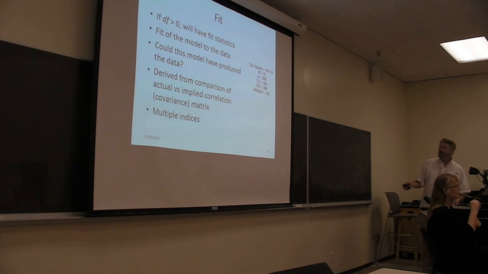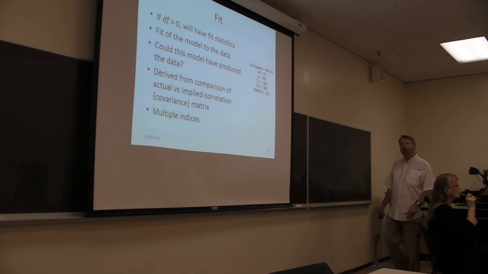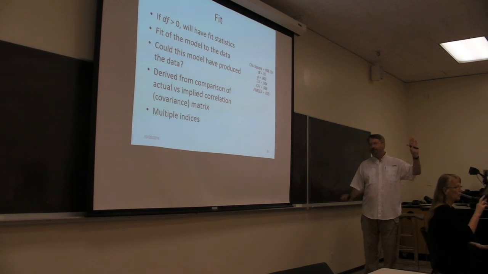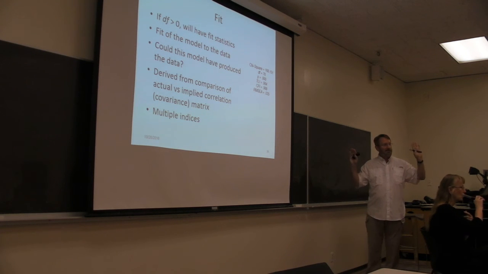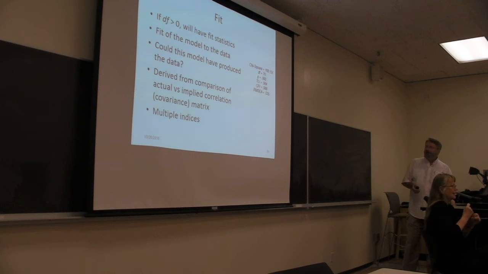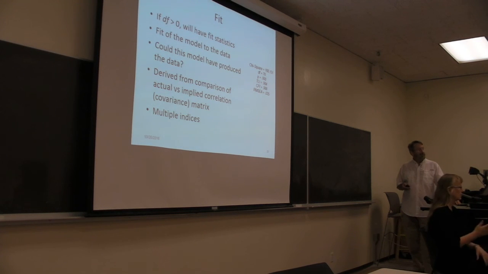And it's also the case with structural equation models, you want this to be non-significant. What does a non-significant chi-square mean? It means that the actual correlation matrix and the implied correlation matrix do not differ to a statistically significant degree. Or, in other words, yes, this model could have produced the data we find in the real world, which in turn says, yeah, this model could describe the real world.